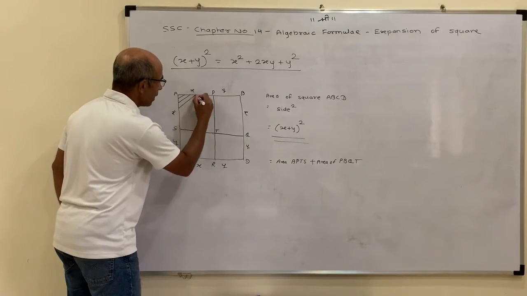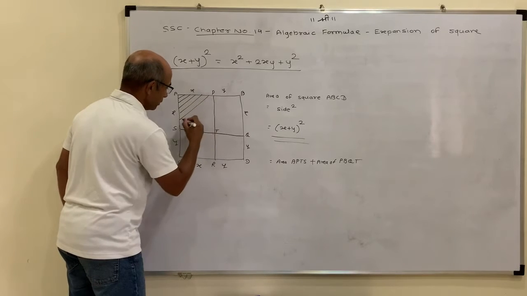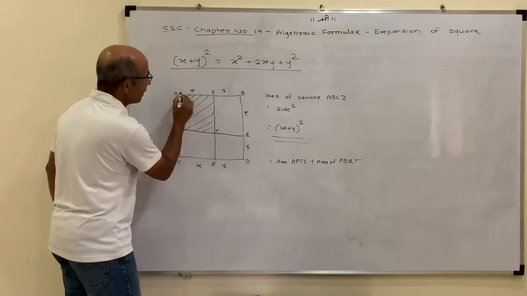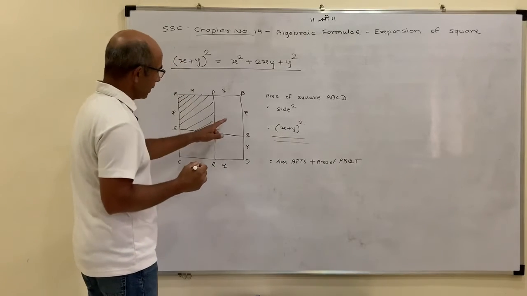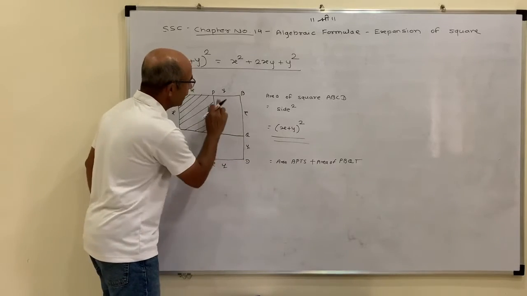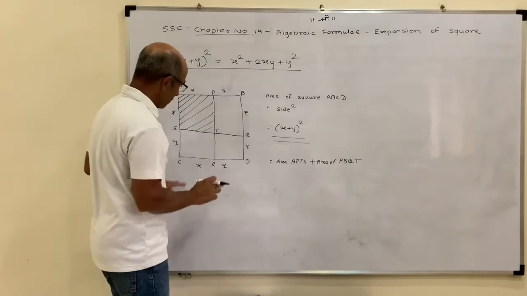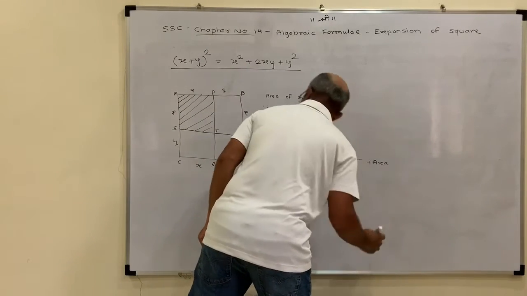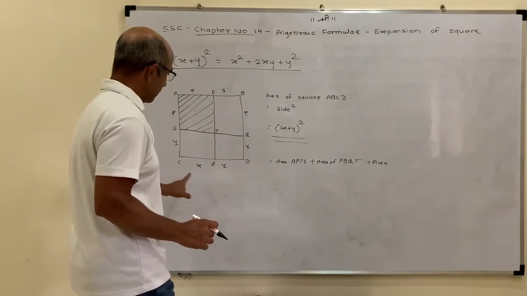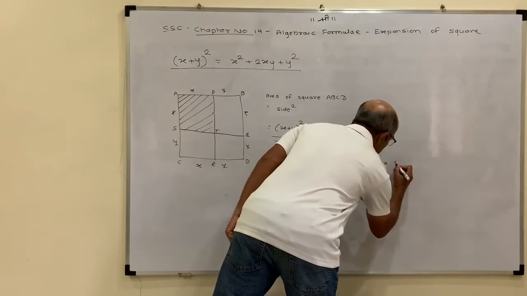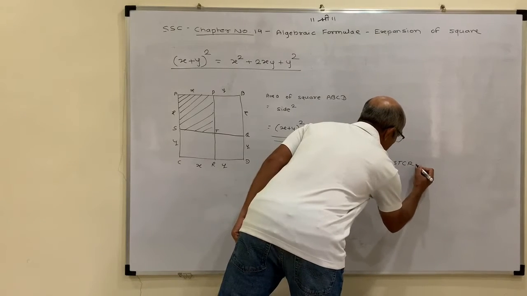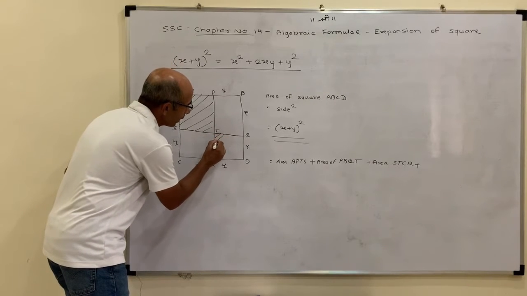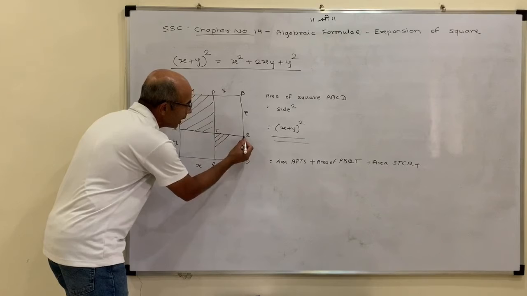I'll represent the square with these lines. Okay. So this is square, my first square APTS plus, now I consider this one, PBQT. Now third one, plus area of rectangle STCR, plus area of TQDR. This is again a square because its length is y and breadth is y.